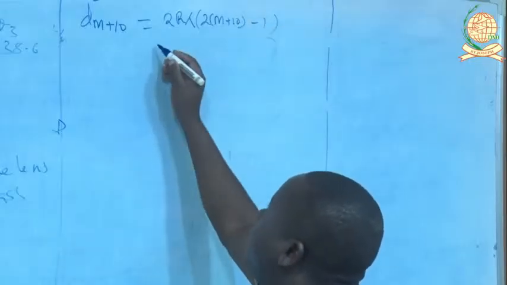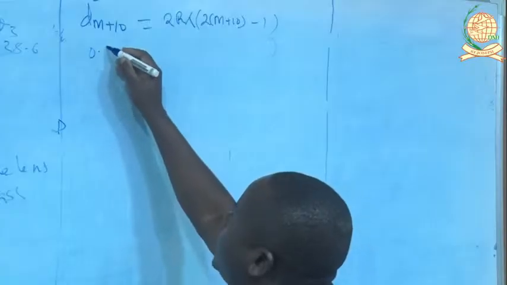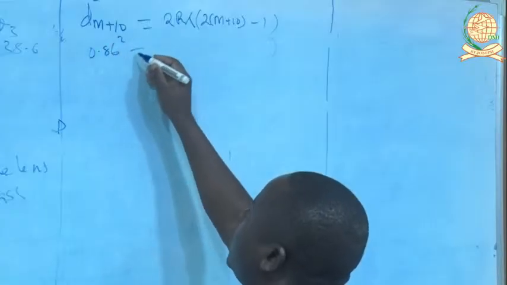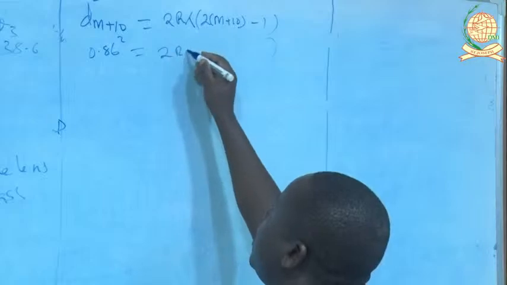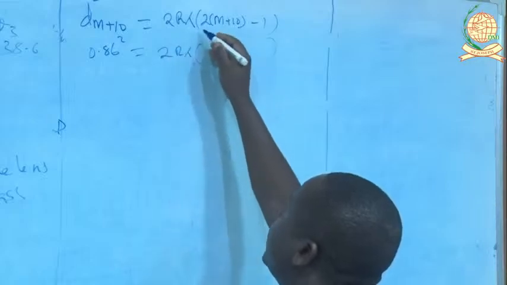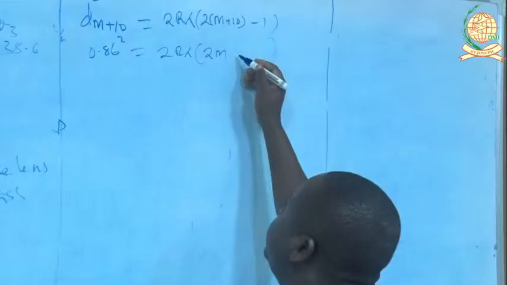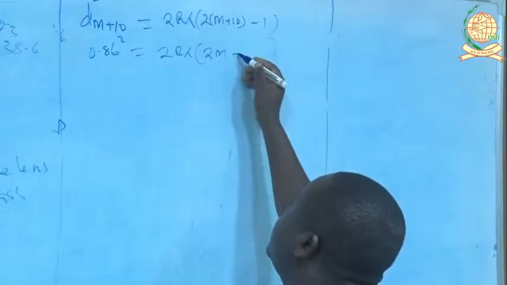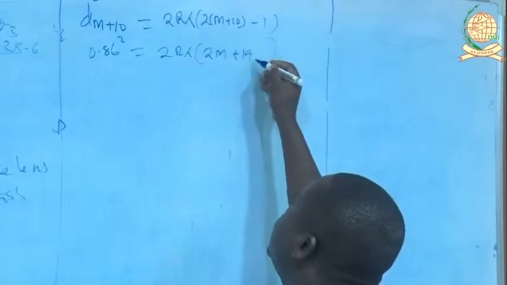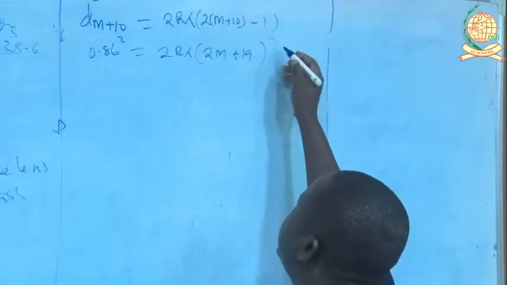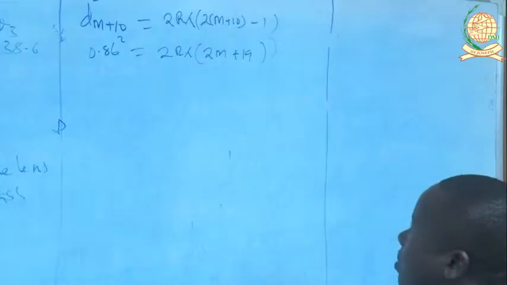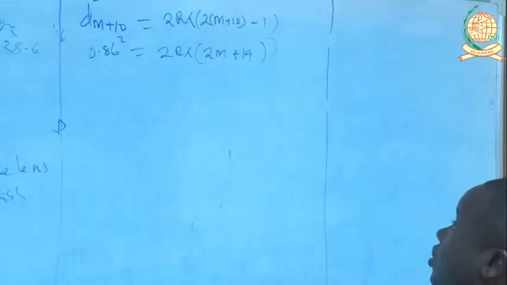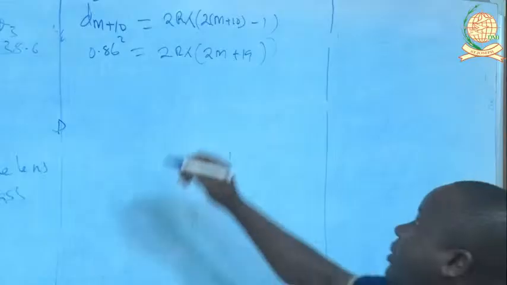So I can simplify this. This is 0.86 square equals 2r lambda bracket 2m plus 19, if I don't make a mistake. So this will be the second equation.